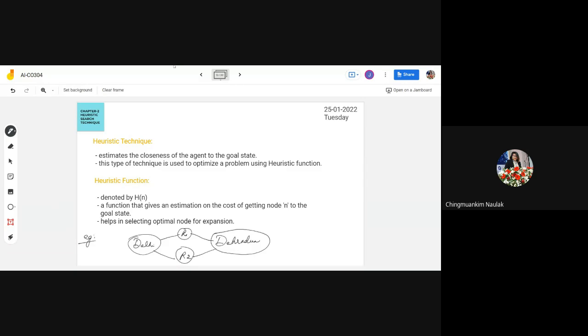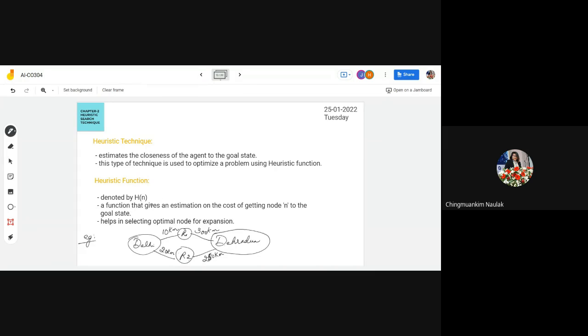Just before that, let me give the distances. Delhi to route 1 is 10 kilometers. Delhi to route 2 is 20 kilometers. From route 1 to Dehradun is 300 kilometers, and from route 2 to Dehradun is 250 kilometers.